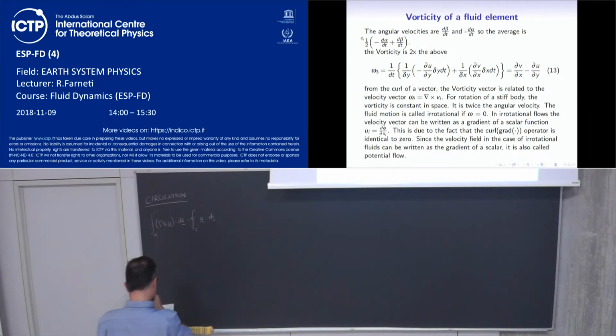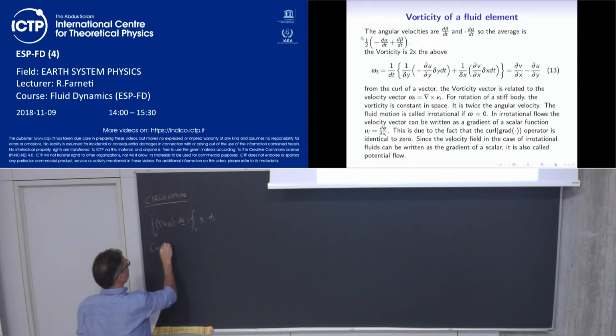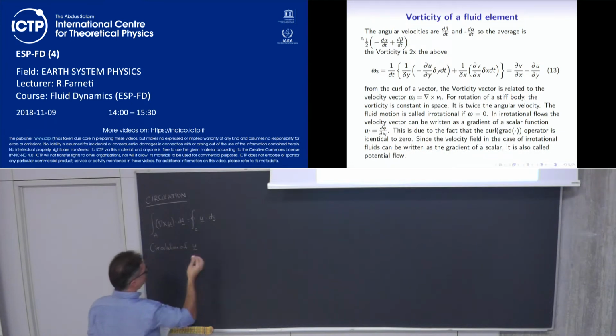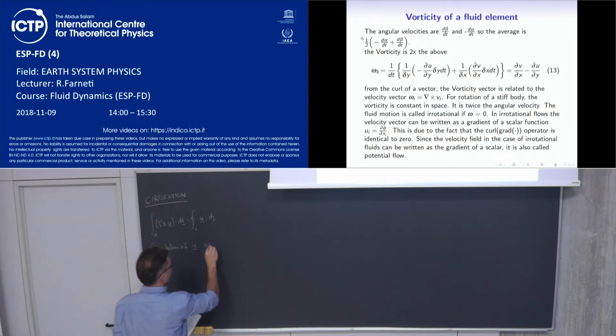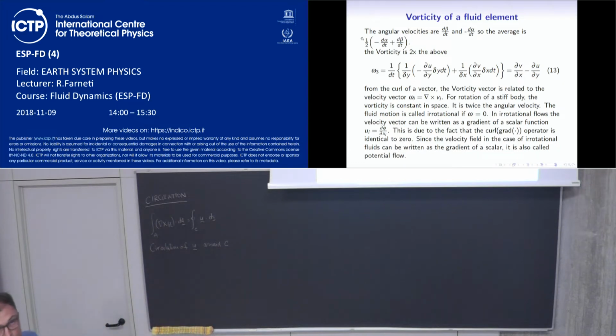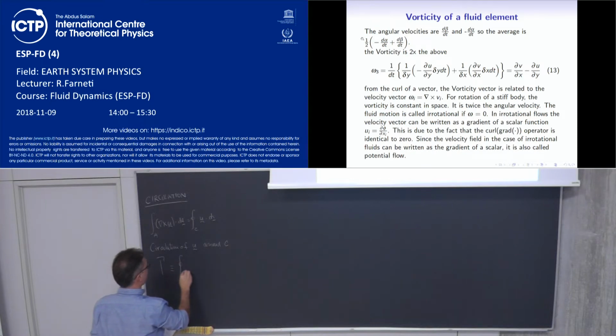Okay? And so we define this line integral to be the circulation of u, in this case a velocity vector field, around the closed curve, the closed line C. So the circulation of u around C is defined as this capital Gamma, which is equal to this.